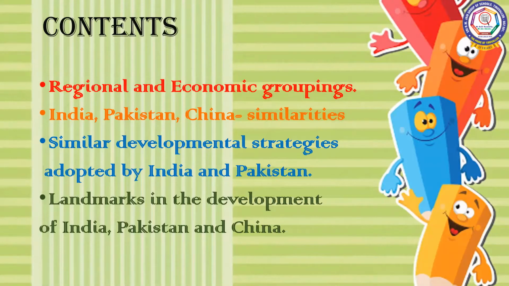This chapter covers the regional and economic groupings, India, Pakistan, and China, their similarities, the similar developmental strategies adopted by India and Pakistan, and landmarks in the development of India, Pakistan, and China.